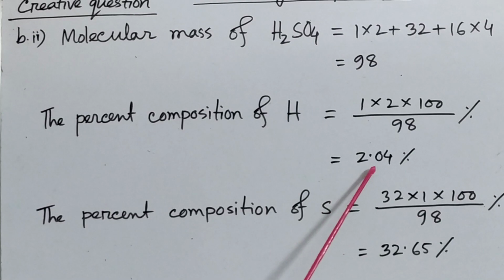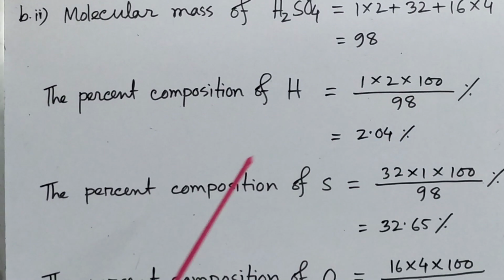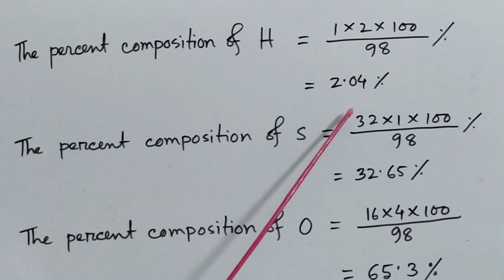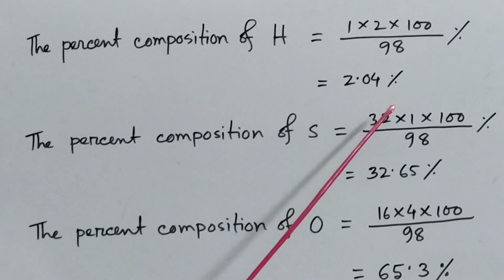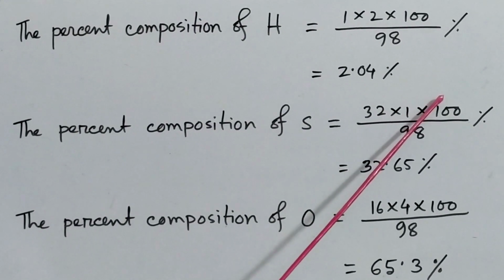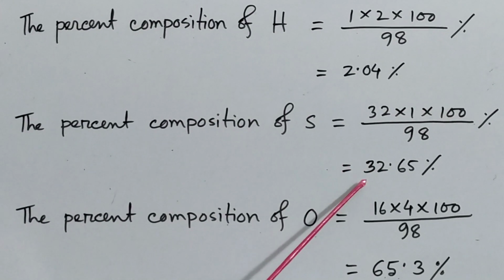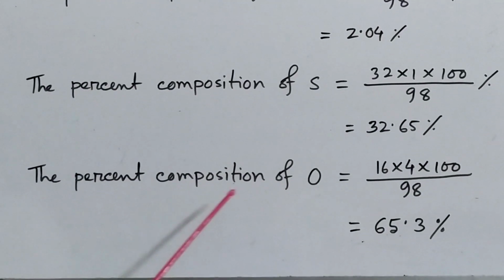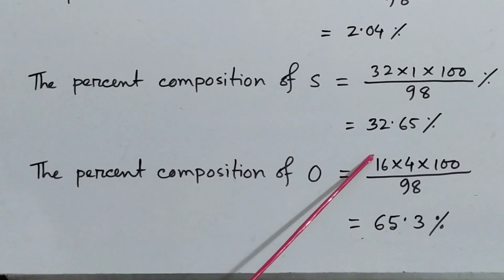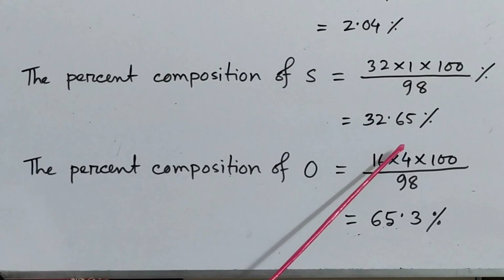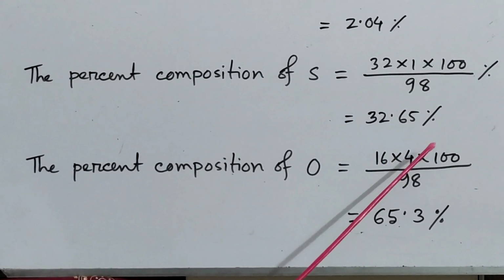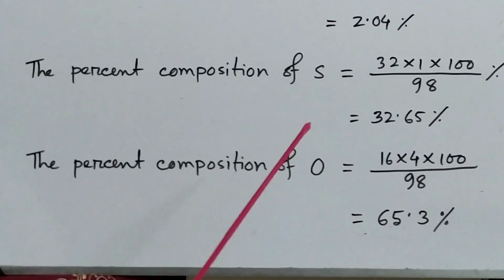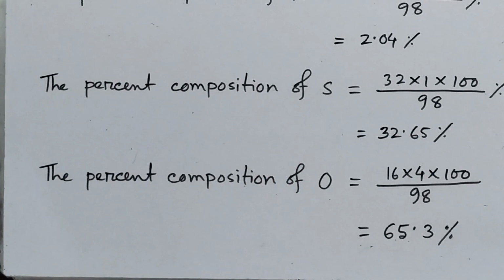So it is 2.04%. Similarly, the percent composition of sulfur. The atomic mass of sulfur is 32, number of sulfur is 1, into 100 divided by 98. So it is 32.65%. Then the percent composition of oxygen. Atomic mass of oxygen is 16, number of oxygen 4, into 100 divided by 98. So it is 65.3%. Okay.